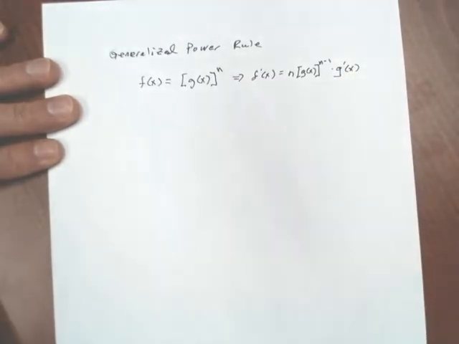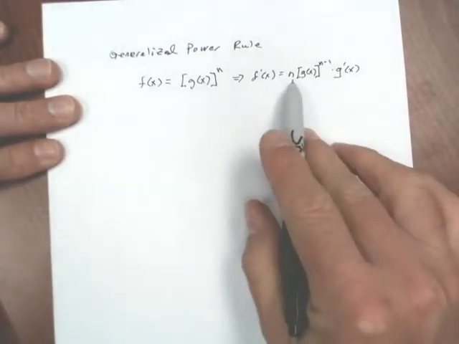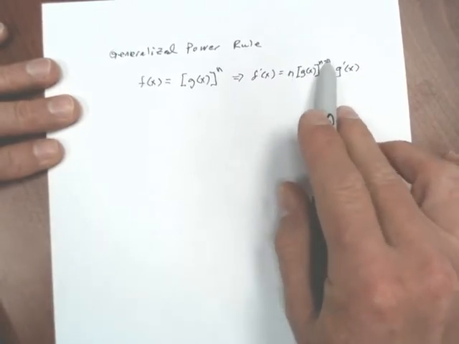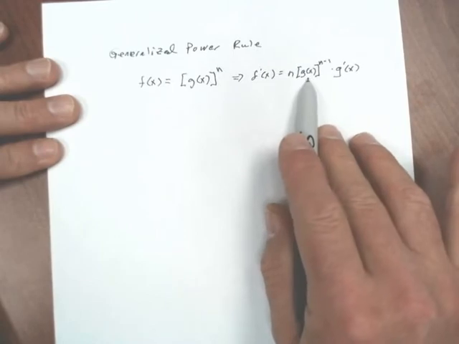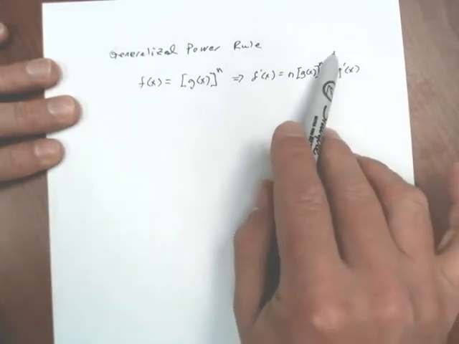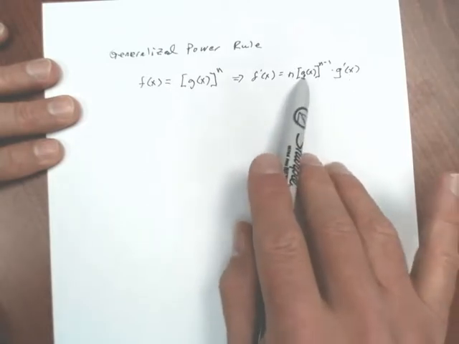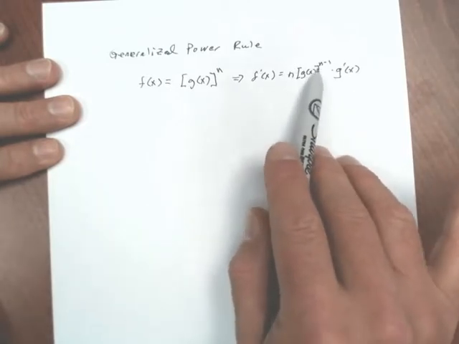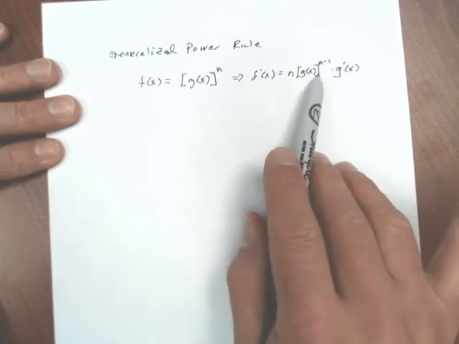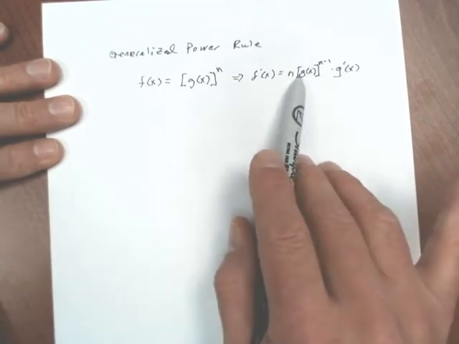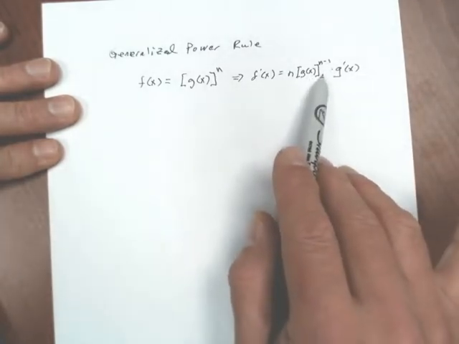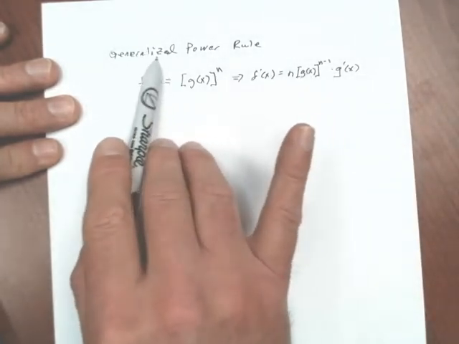Okay, so that's the generalized power rule, and you can see this right here is kind of like the power rule if that was only x. And of course, if that was only x, this would be the regular power rule itself, and then that would be times 1.